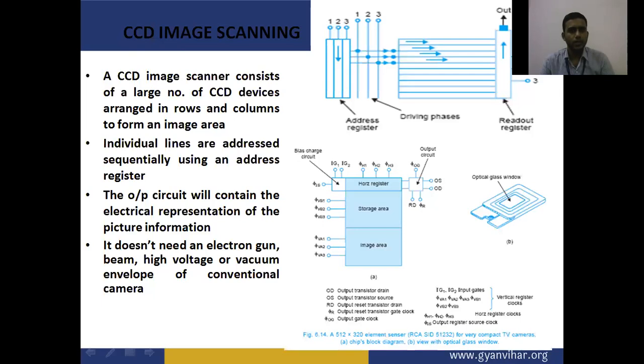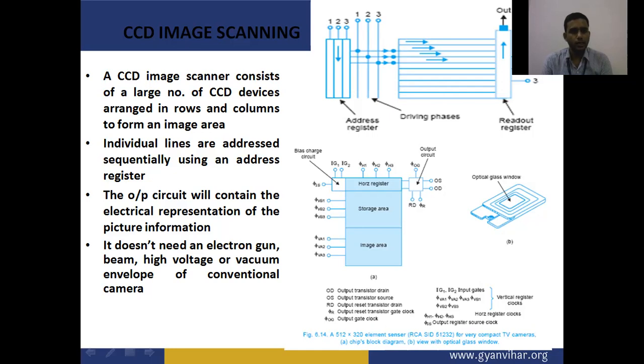Now, CCD image scanning: how is the image scanned by the CCD? The CCD image scanner consists of a large number of CCD devices arranged in rows and columns to form an image area.